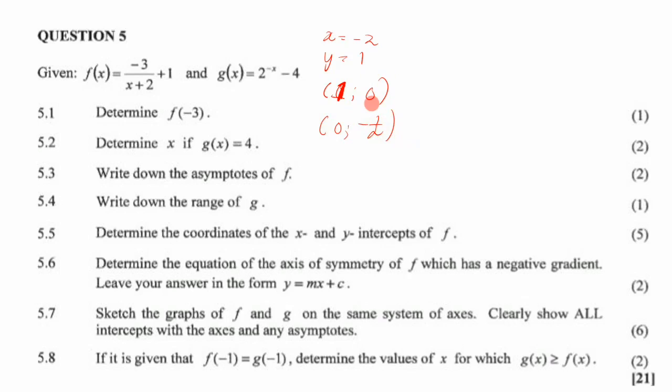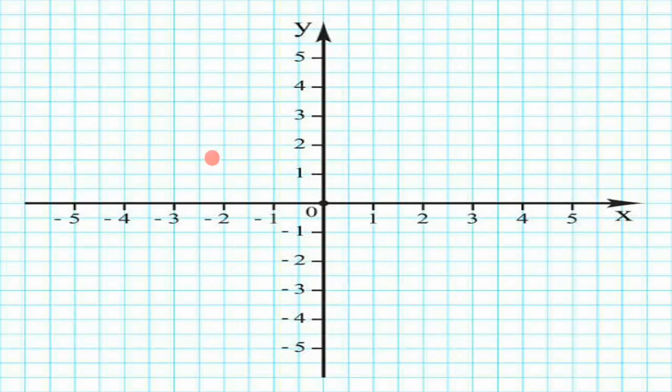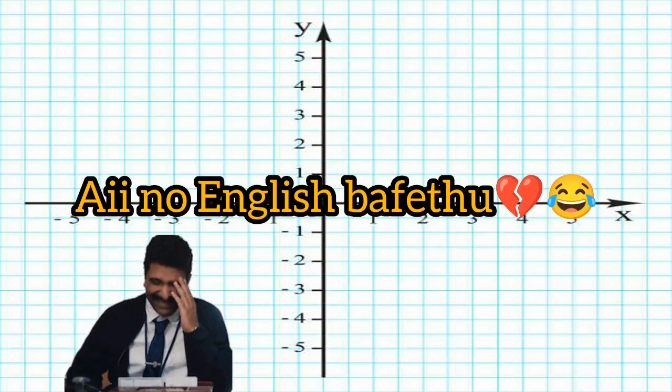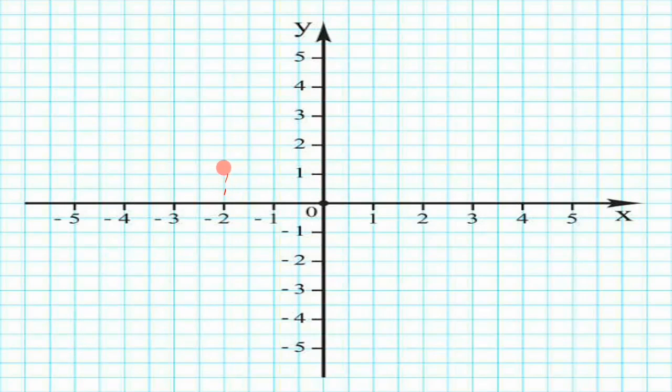This is all enough for us to draw the graph of f of x. So now, starting with our asymptotes, of course. Remember, every time you are drawing a hyperbola graph, you want to start with the asymptotes.